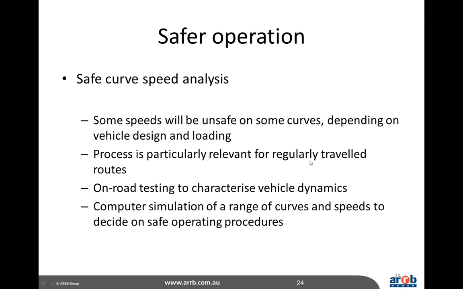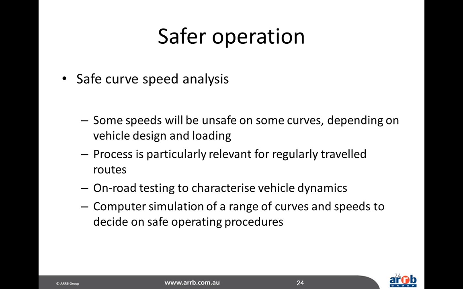And now going to the final stage of this presentation, which is about safe curve speed analysis. And this is an area in which we try and take an existing vehicle which may or may not have certain design and safety features that I've mentioned before, but we can look at its performance and work out how fast it can go on certain sections of road to maintain a safe level of operation.